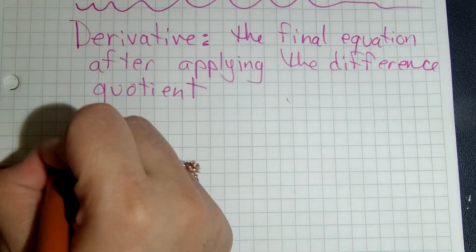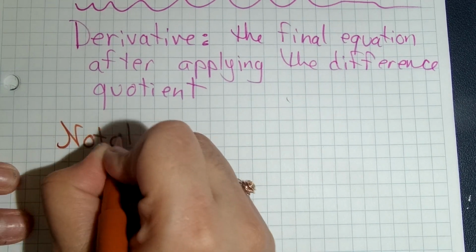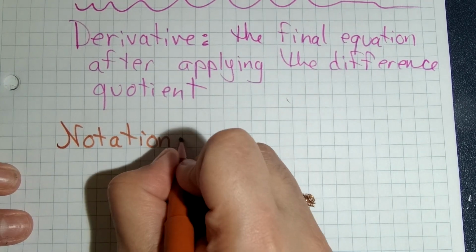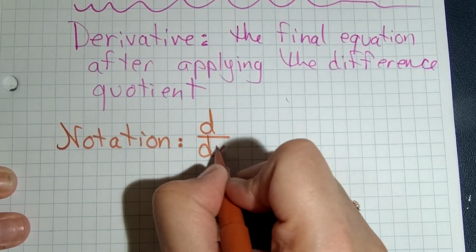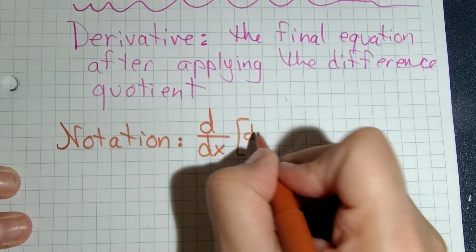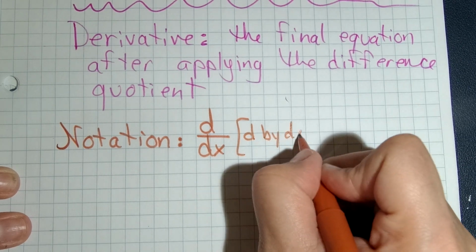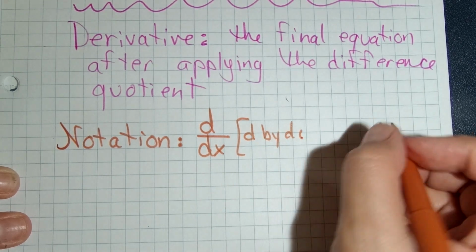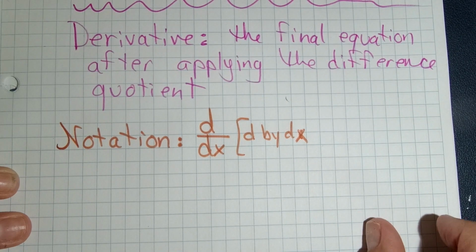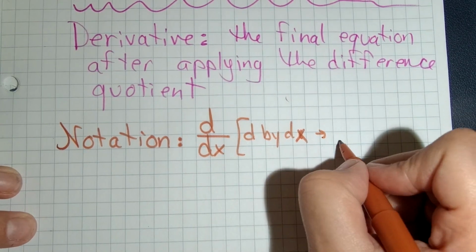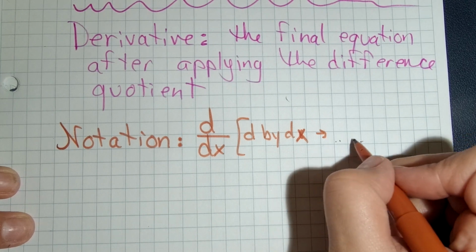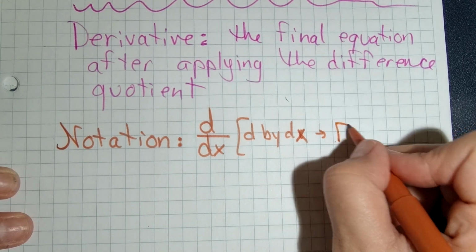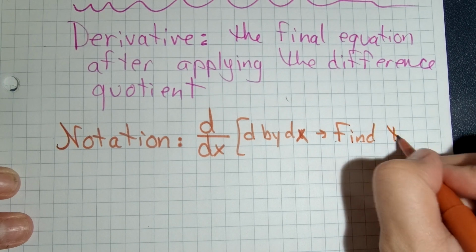We have some notation. Our first notation is d by dx. Am I going too fast? Okay. D by dx. What this means is they want you to find the derivative.